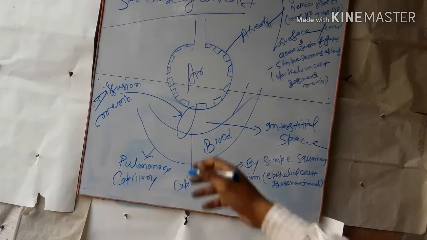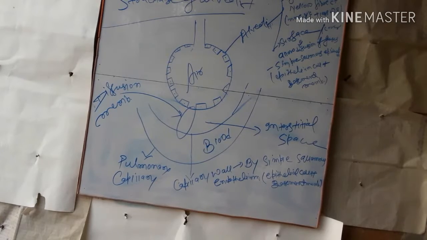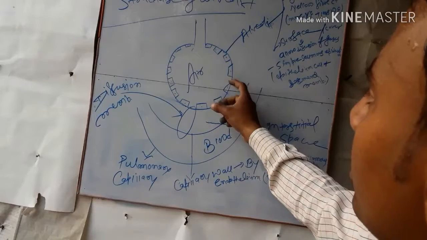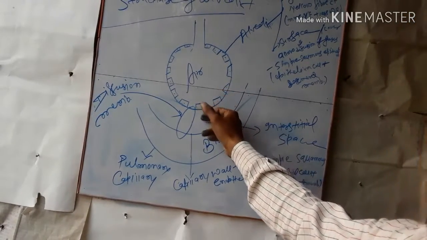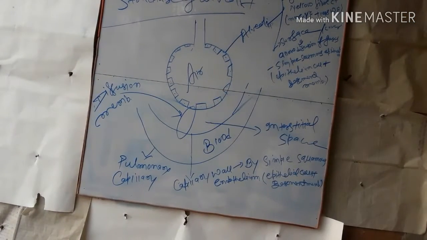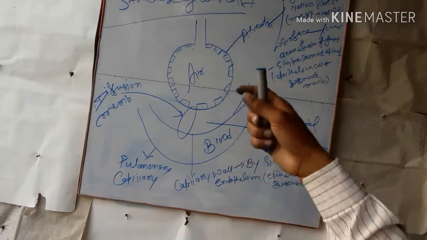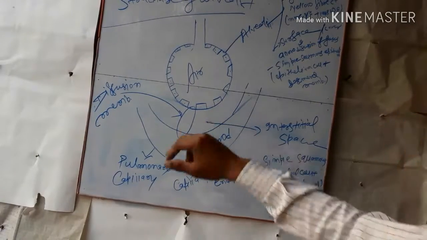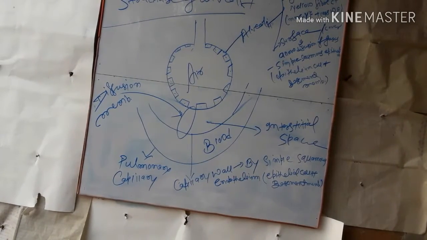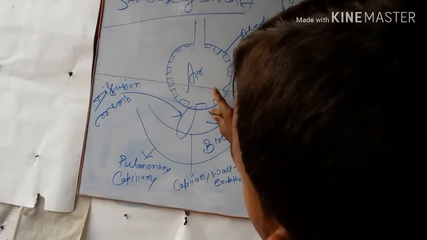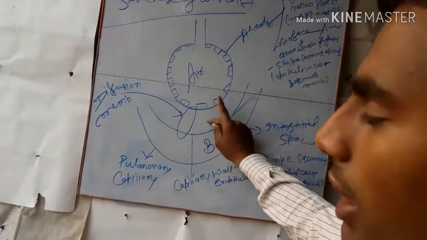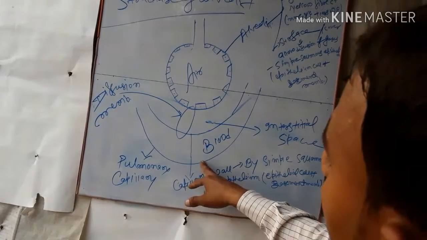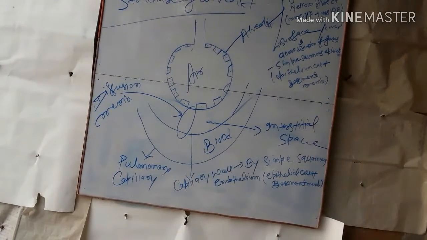It includes the alveolar wall, in that epithelial cell plus basement membrane, plus interstitial space, plus capillary wall.